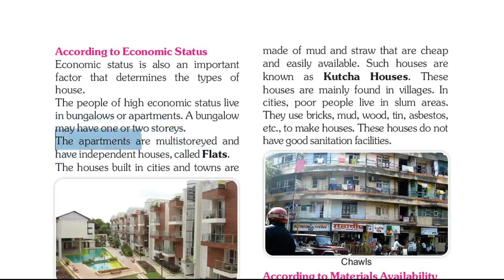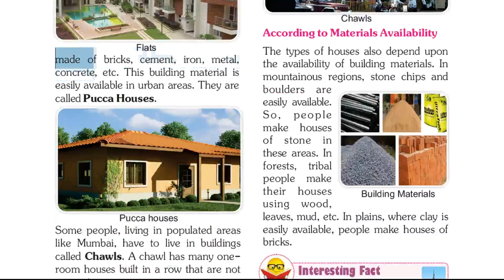The apartments are multi-storied and have independent houses called flats. The houses built in cities and towns are made of bricks, cement, iron, metal, concrete, etc. This building material is easily available in urban areas. They are called pakka houses.